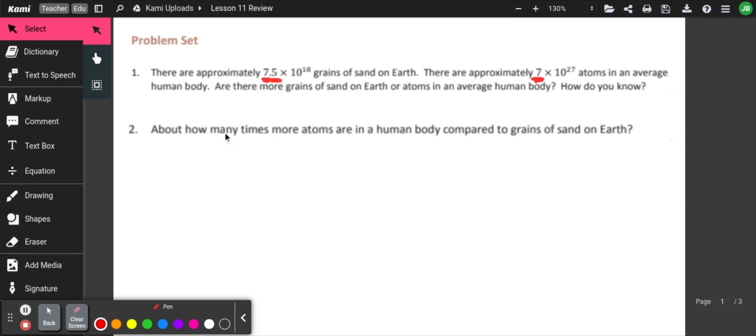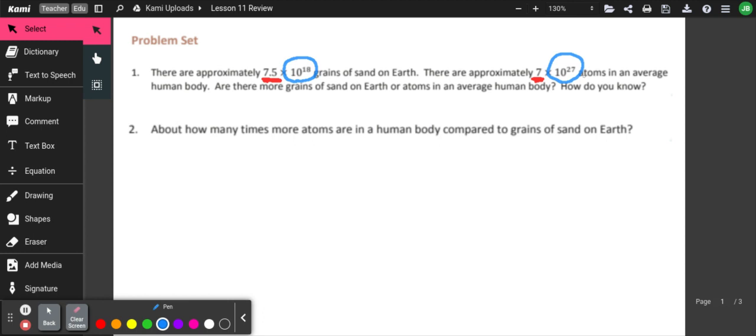But it's a little bit misleading, because if we just look at that coefficient, 7.5 appears to be larger than 7. However, we have to remember that when we're dealing with scientific notation, this second value, the 10 to the 18th and 10 to the 27th power, shows the size or the magnitude of the number.